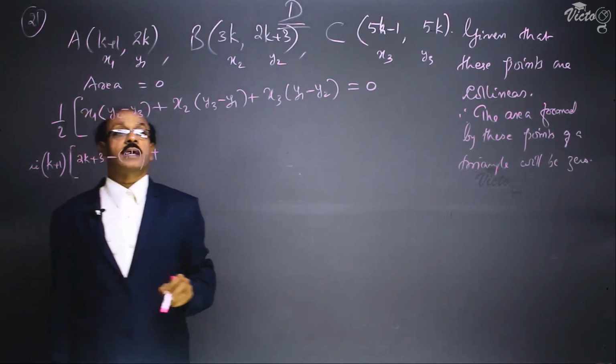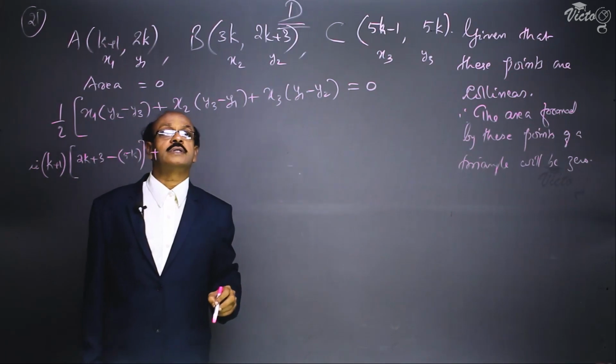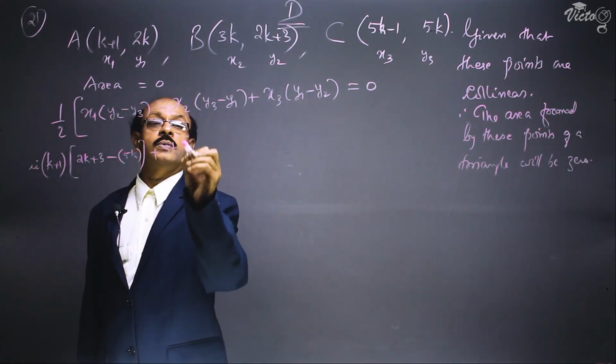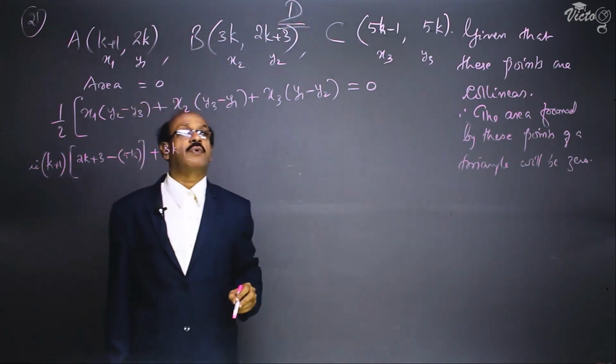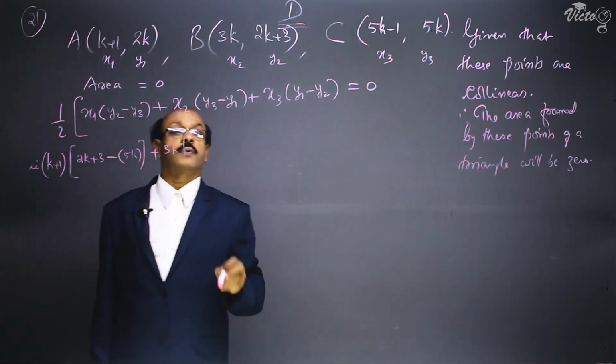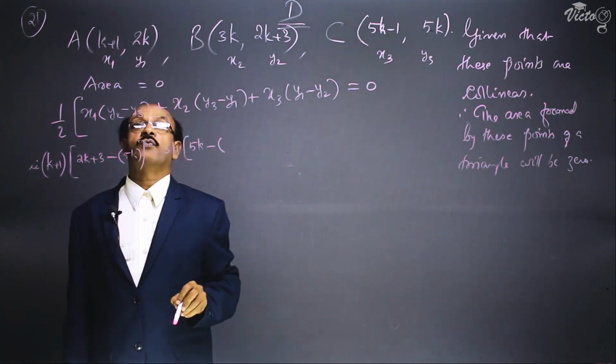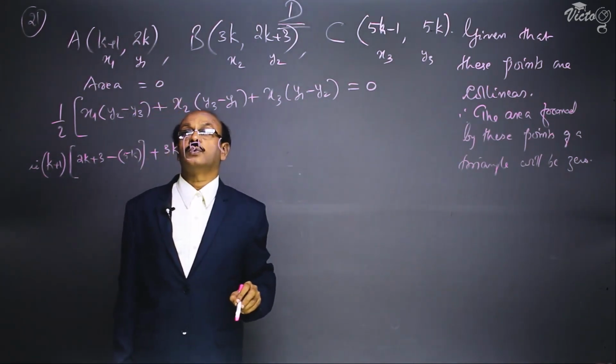Plus x2, the value of x2 is 3k, into (y3 minus y1), the value of y3 is 5k, minus the value of y1, which is 2k.